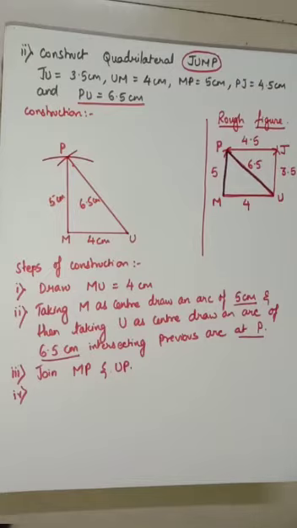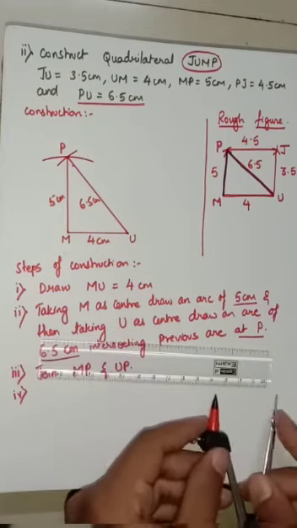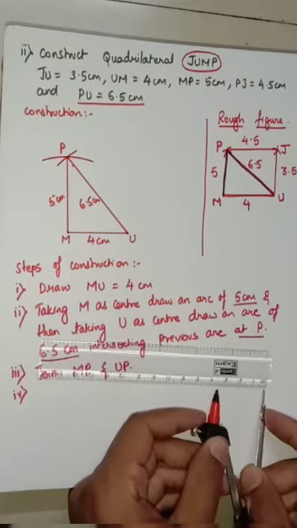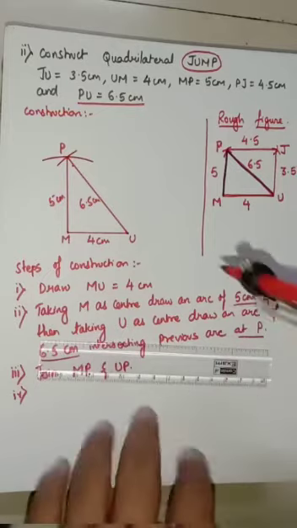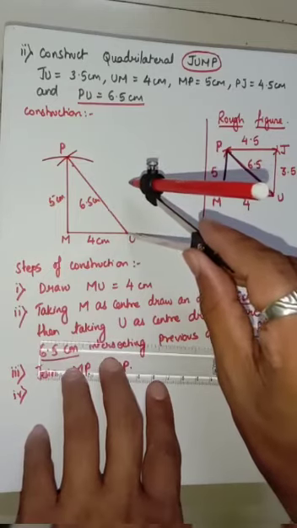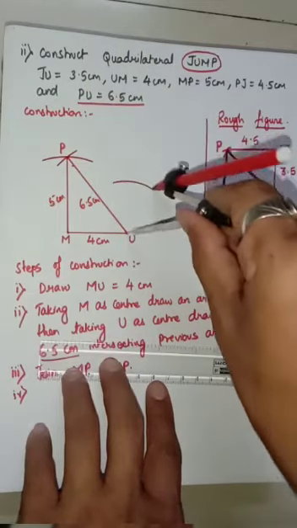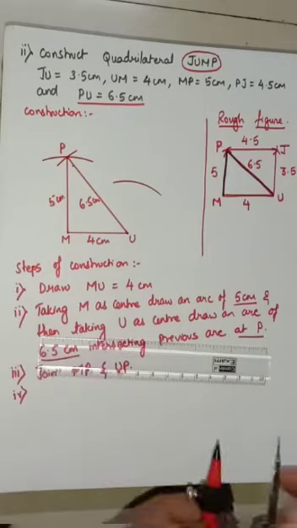From U we have to cut an arc of 3.5 centimeter, and from P we have to cut an arc of 4.5 centimeter.